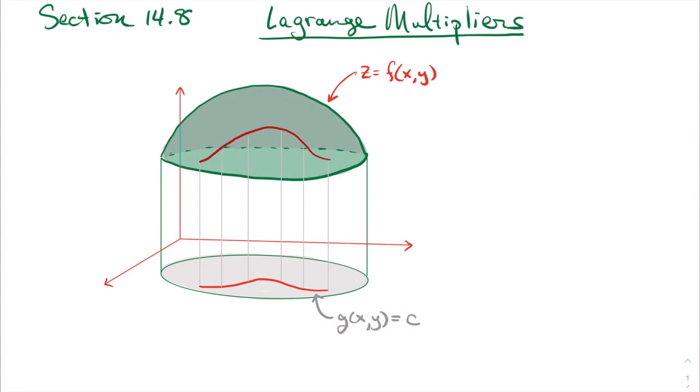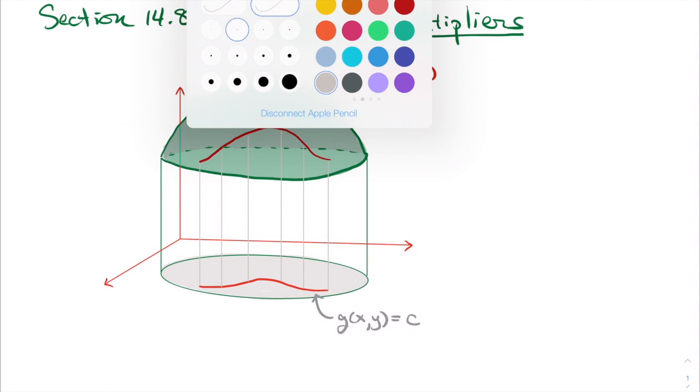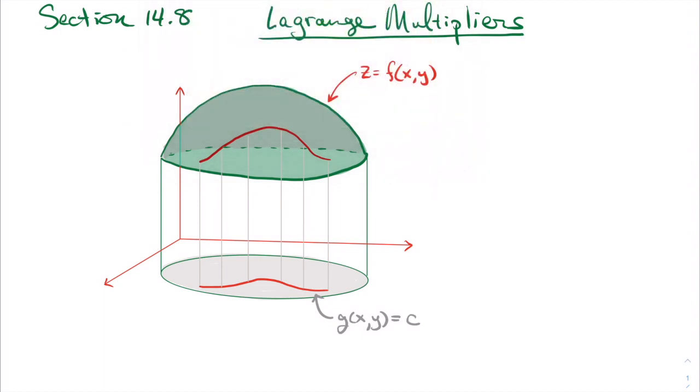Okay, so we want to find max and min points. So, for example, at the highest point up here, this is a max on the surface z equals f of x, y, where you're only allowing x and y to be subject to the constraint curve, which is that g of x, y equals c.